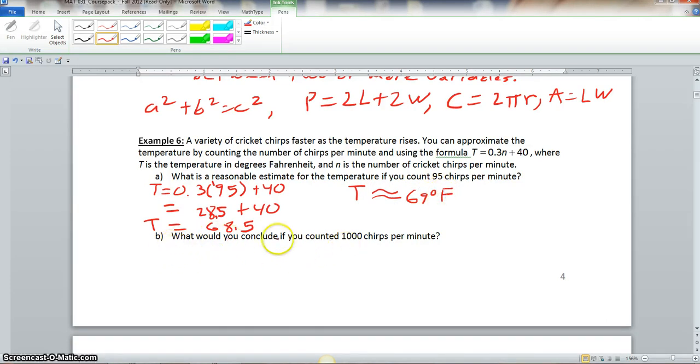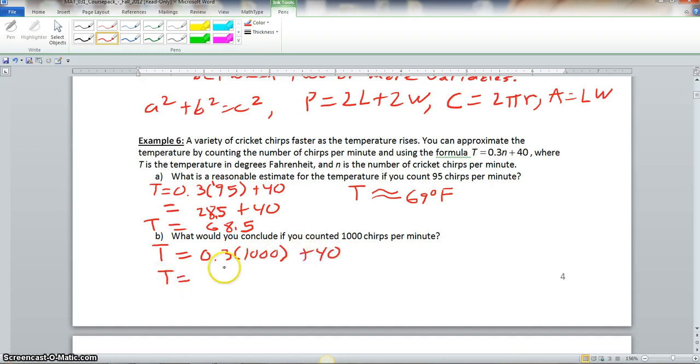It says B, what would you conclude if you counted 1,000 chirps per minute? So what we would do is substitute. We have T is equal to 0.3, substitute in 1,000 for N, plus 40.